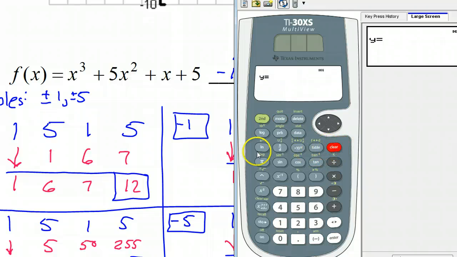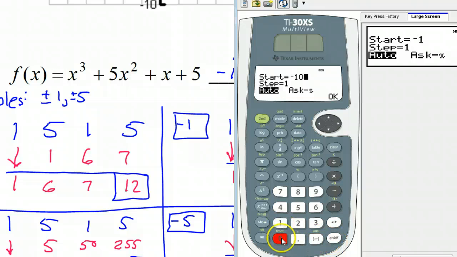Let's clear that out. So what we have here is x to the 3rd power, use the caret, plus 5x squared plus x plus 5. Alright, so I've just typed the function into my calculator.